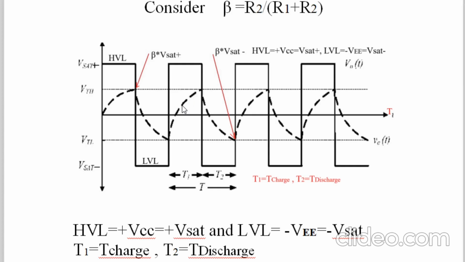Therefore minus 6 becomes positive, the voltage at non-inverting becomes positive, and the op amp's output will be thrown here. Just when it crosses here, the op amp's output will be thrown from LVL to HVL. And again the capacitor will start charging from minus 6.01 volt to plus 6.01 volt, and in this way continuous charging and discharging action takes place.